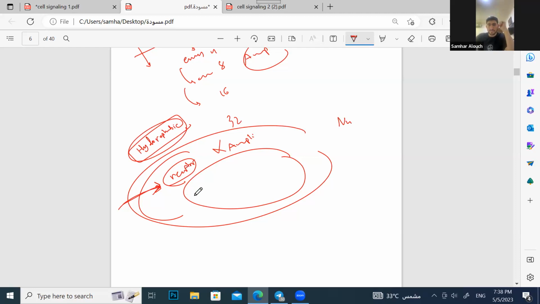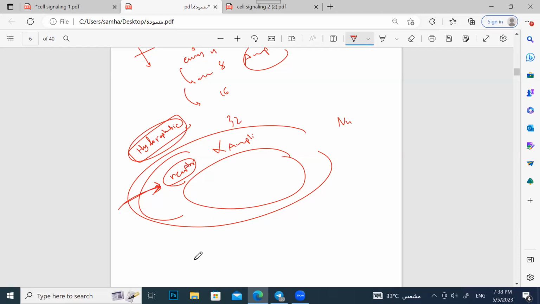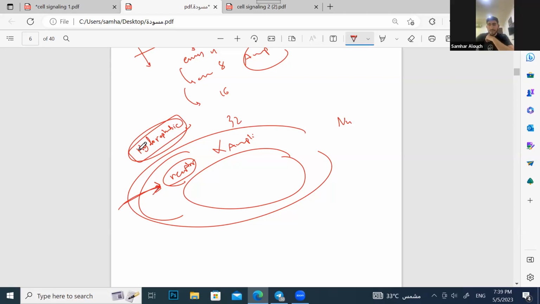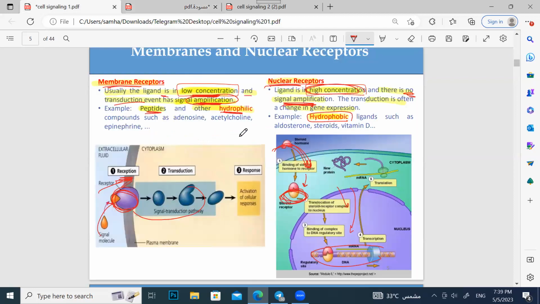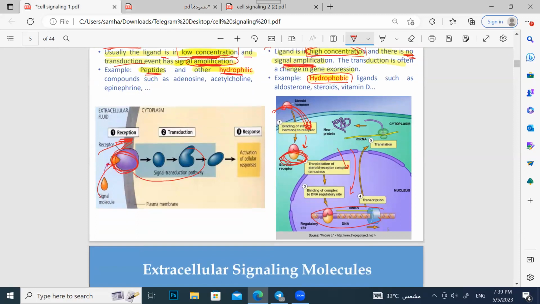Is it clear? Yeah, I just have one question. Go ahead. On the nuclear receptors, do the ligands bind to many receptors so the amplification is better? Or does just the concentration of ligands need to be higher? Does the receptor concentration have to be high too?